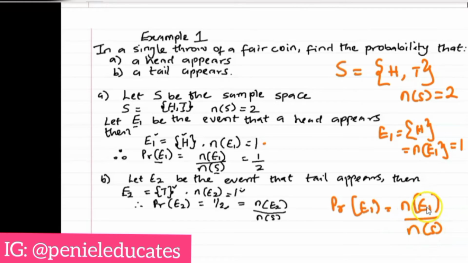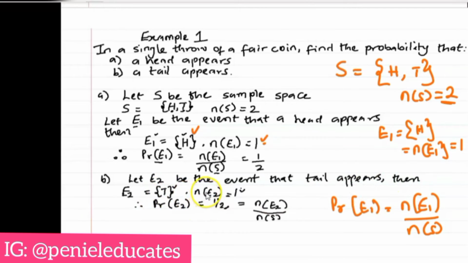The number of elements in E1 is 1, and the sample space is 2, which we have gotten here. Then we have 1/2. The same can be applied if the event is that a tail will appear. Also, let E2 be the event that a tail appears.